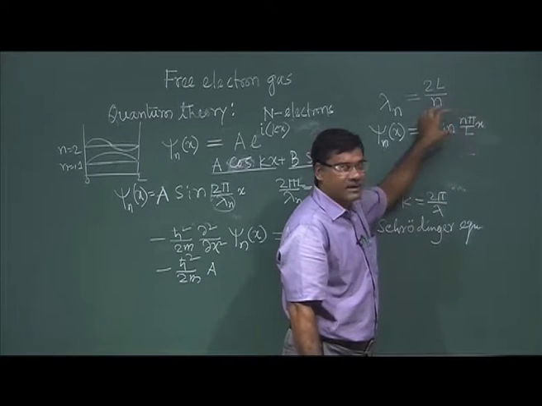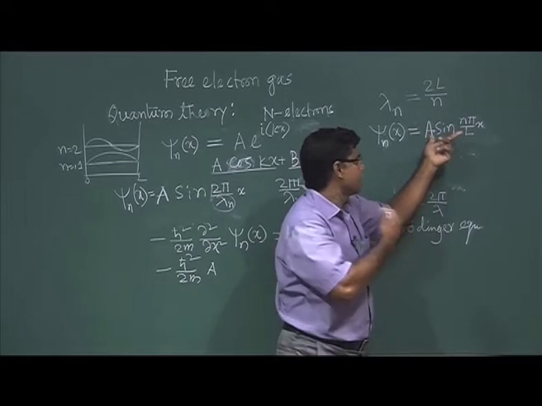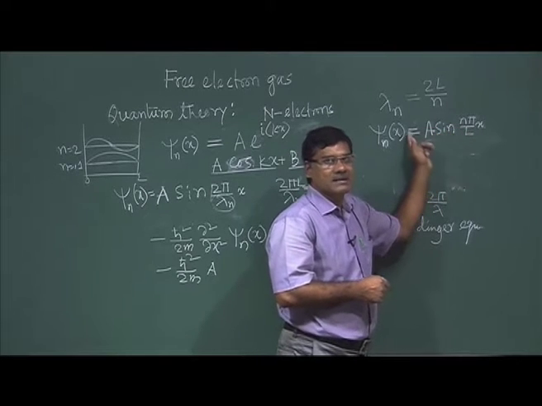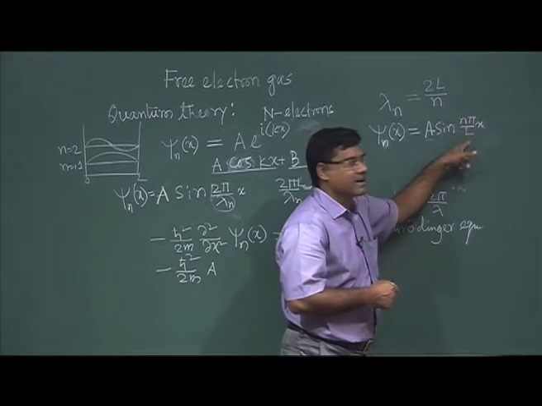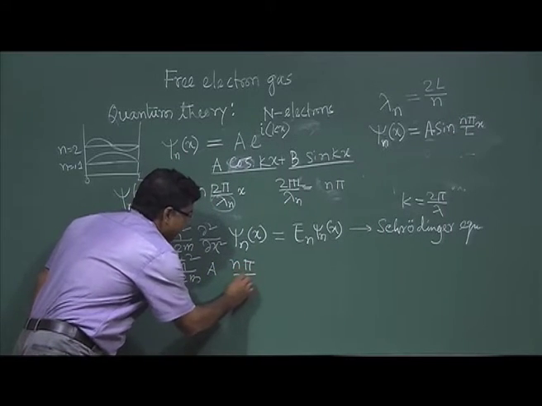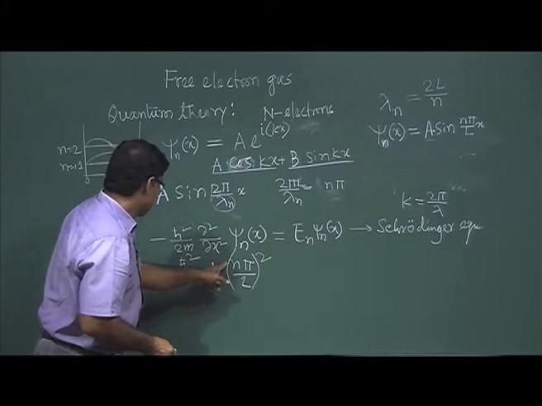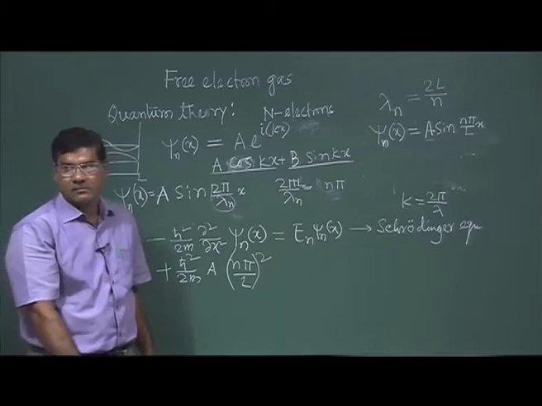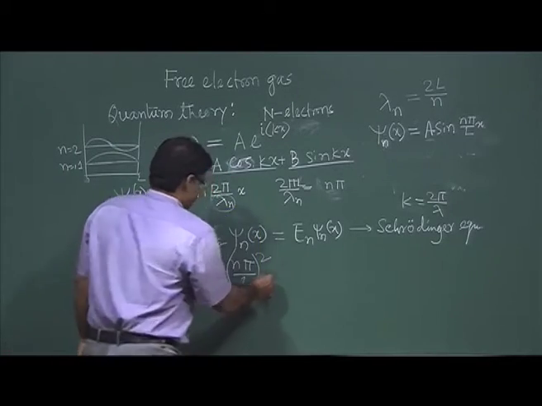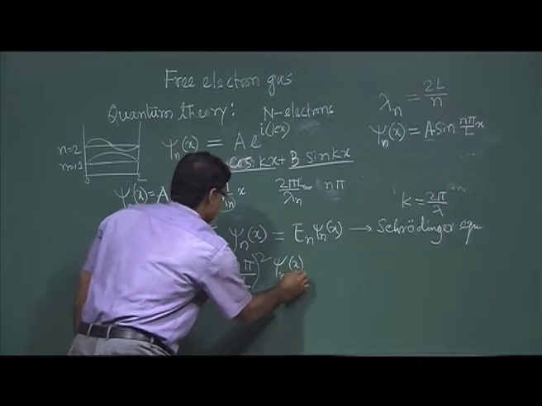So, n pi by L, and again on cos, second time differentiation, it will give minus sine, and then n pi by L. So, I will get n pi by L square, one minus sign will come, so this will be plus, right, psi n x.